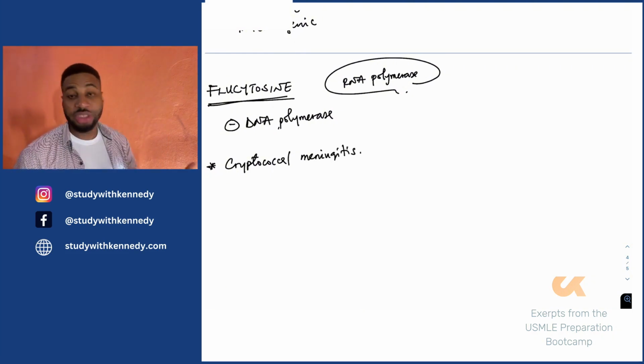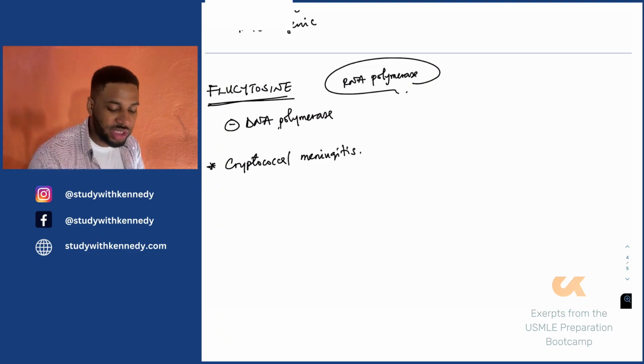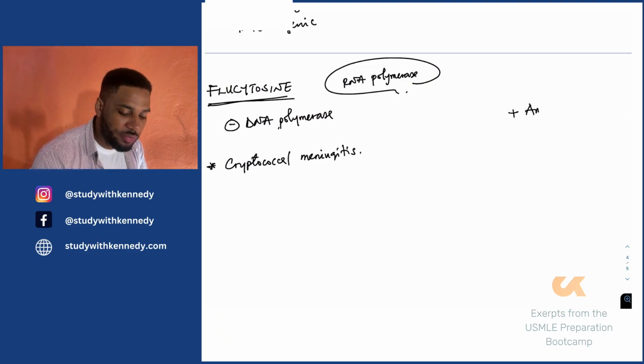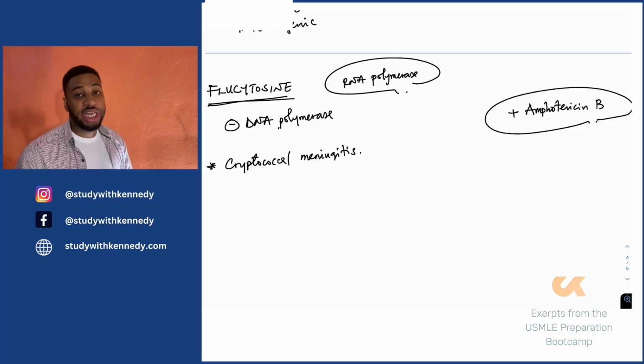You remember the type of patients that get cryptococcal meningitis. You would remember HIV patients, immunocompromised patients. Usually you'd give flucytosine in addition to amphotericin B for cryptococcal meningitis. But amphotericin B can be given alone.